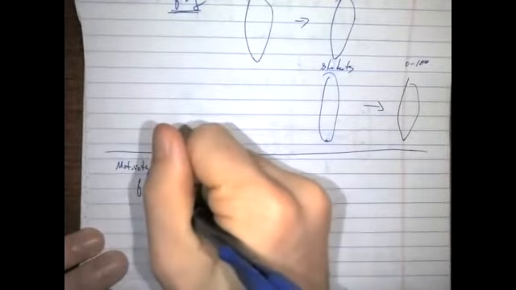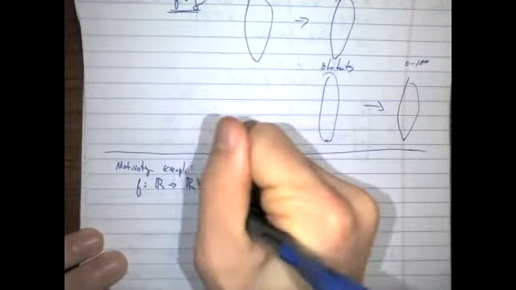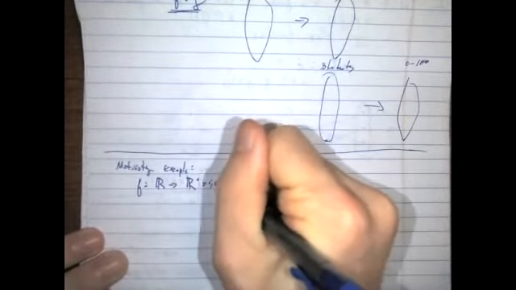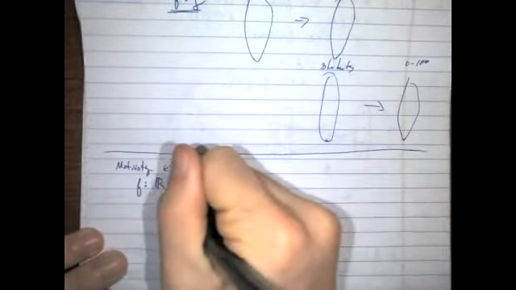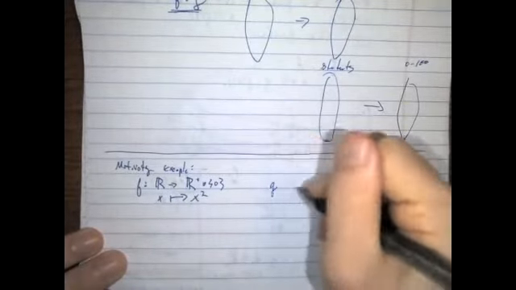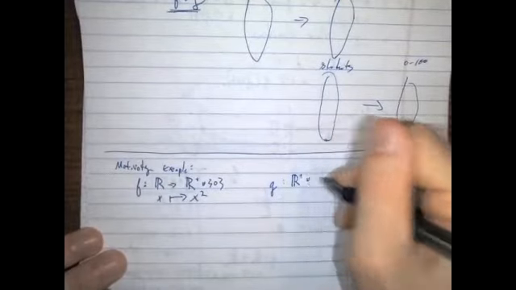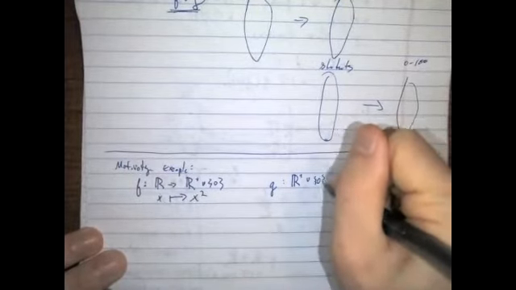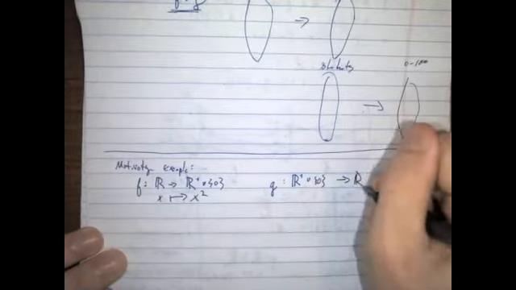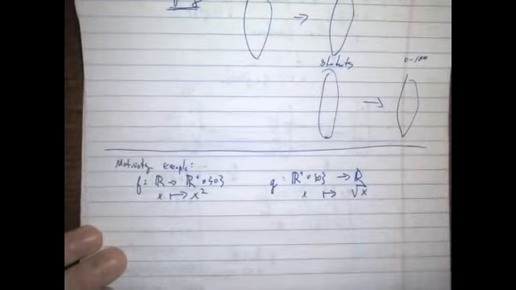Let's consider f mapping from the reals to the positive reals union 0, given by x maps to x squared. And let's consider g mapping from the positive reals union 0 to R, given by x maps to the square root of x.